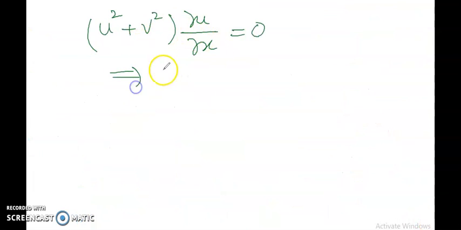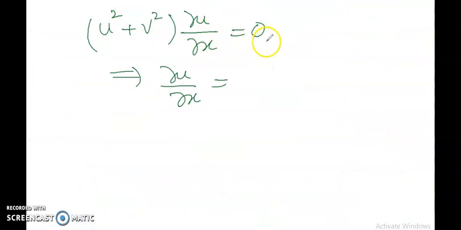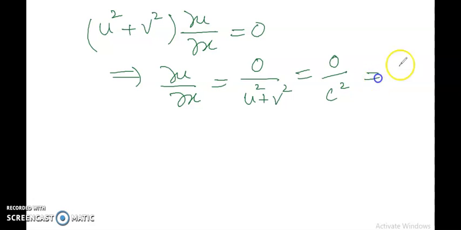This implies ∂u/∂x is equal to 0 divided by u² plus v². What is u² plus v²? It is a constant term, that is c². So whenever you divide 0 by u² plus v², where u² plus v² is a constant c², this is 0.